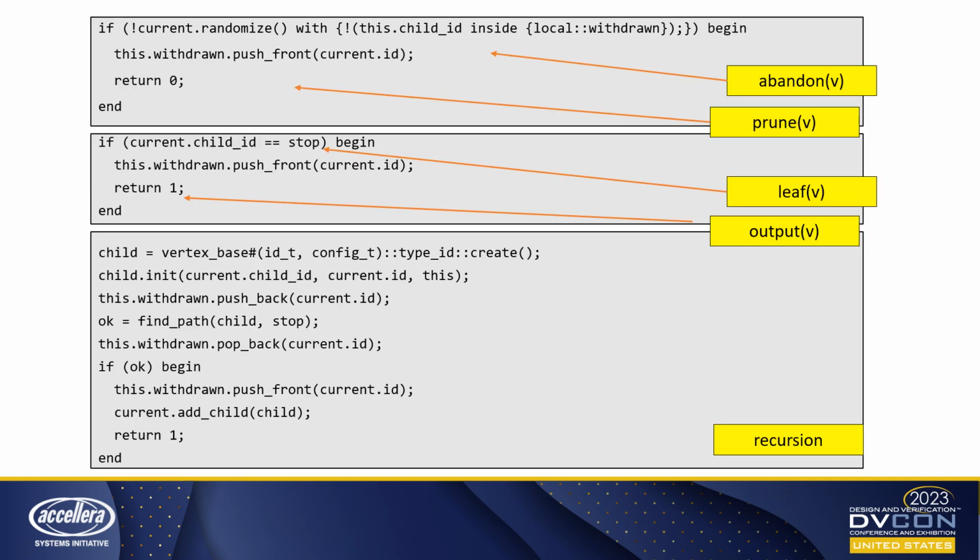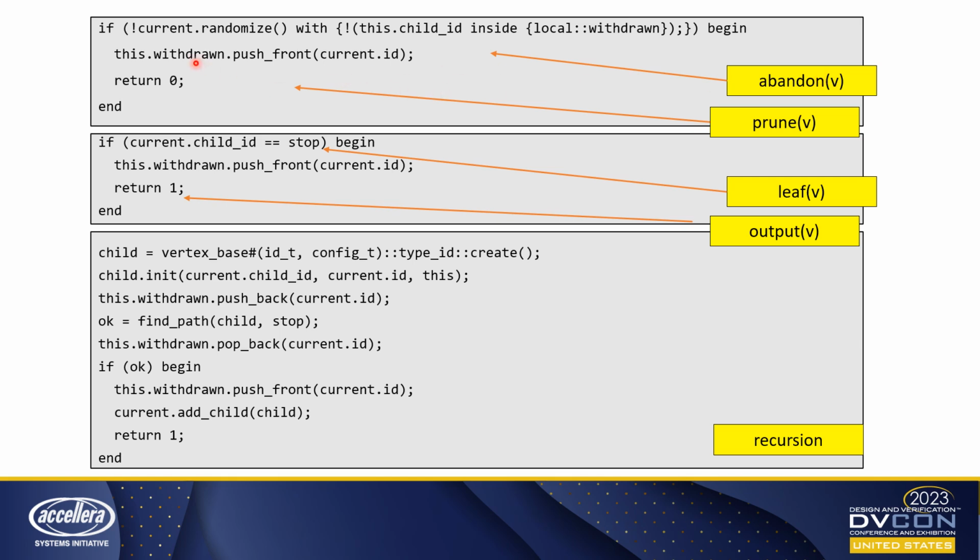Here we have the implementation of the recursive backtracking find method, which we presented in the previous slides. Let's start by looking at the abandon function, which is the condition to check whether the vertex under evaluation does not meet a criteria to be part of the tree. If that is true, then we'll prune the vertex under evaluation from the tree.